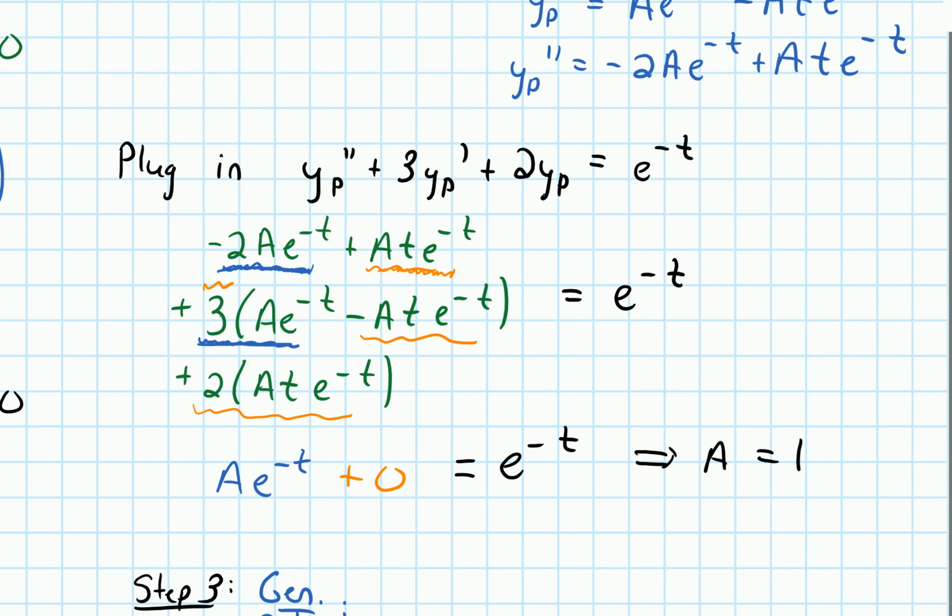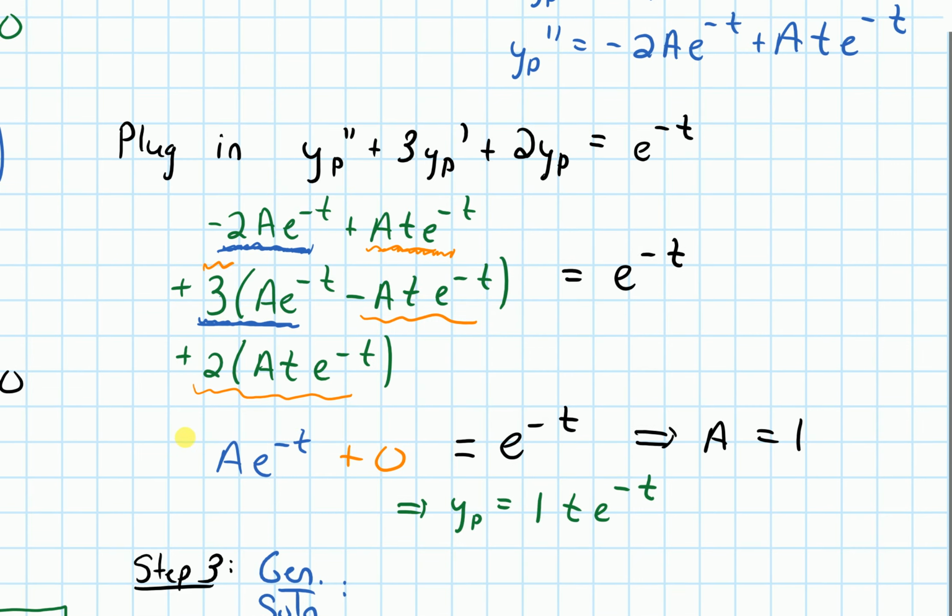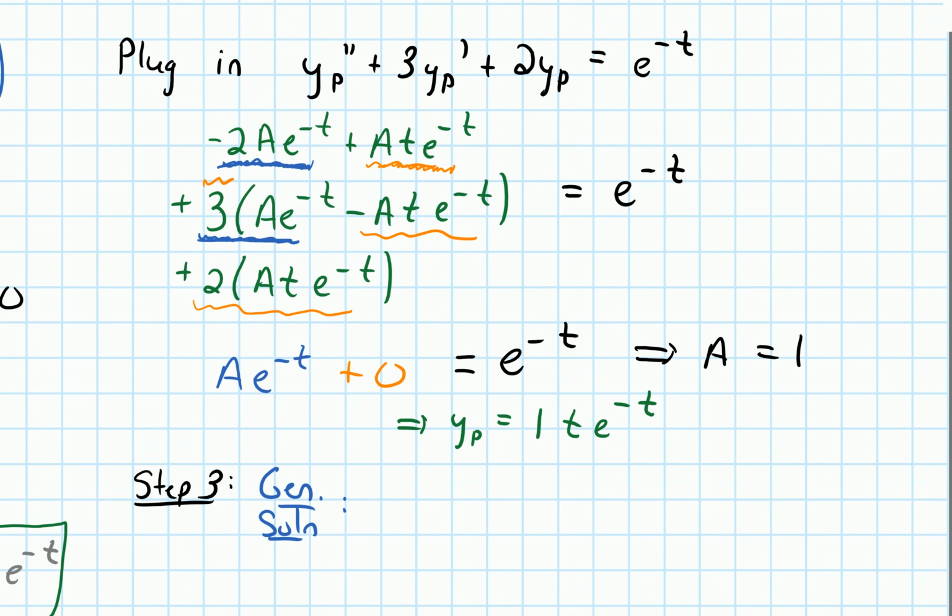Our particular solution, y sub p, would be equal to 1 is the coefficient, t e to the negative t. Right, so we had multiplied it by t to adjust our guess. All right, so we are now ready to write down the general solution. The general solution, y, is equal to the particular solution to the non-homogeneous plus yh, the general solution to the homogeneous equation.